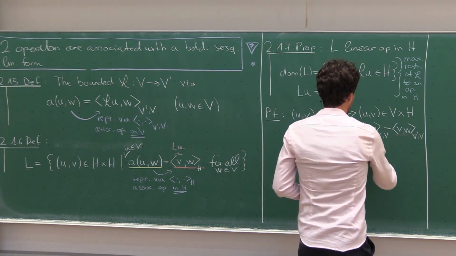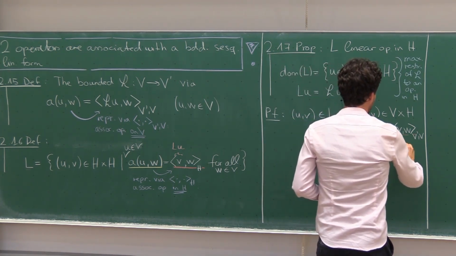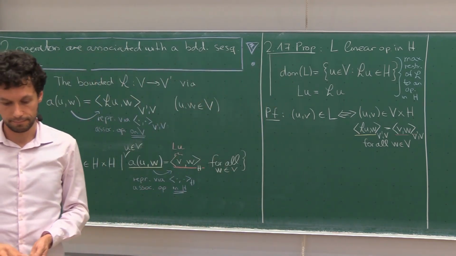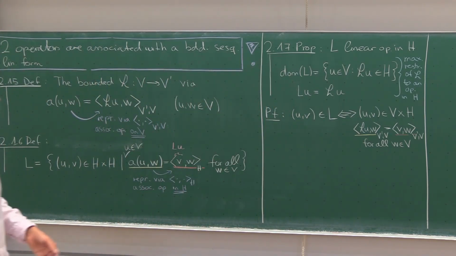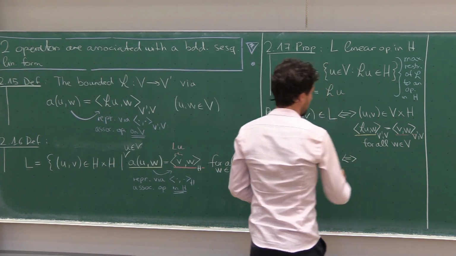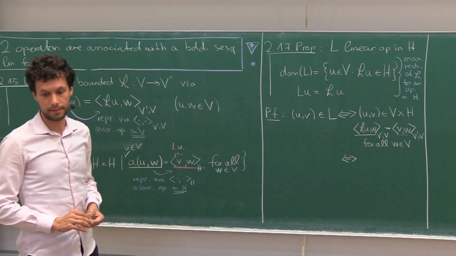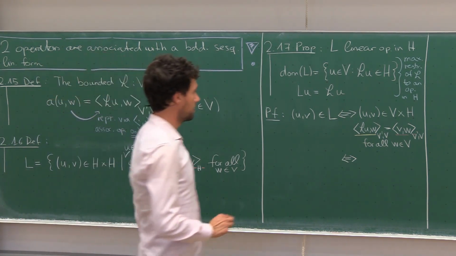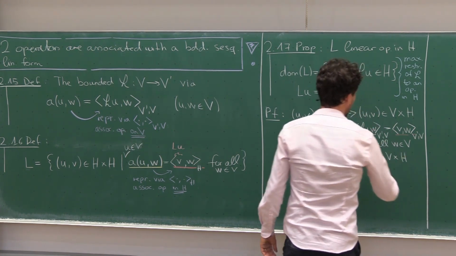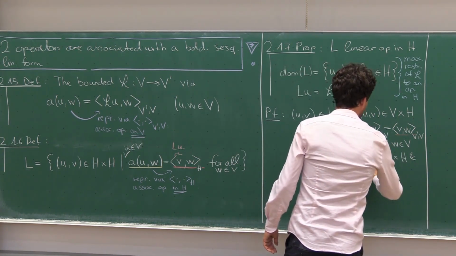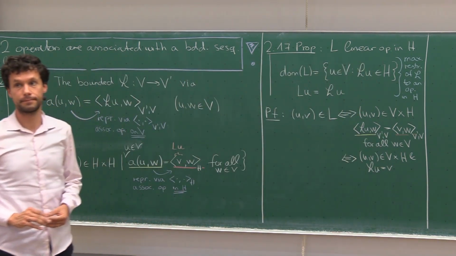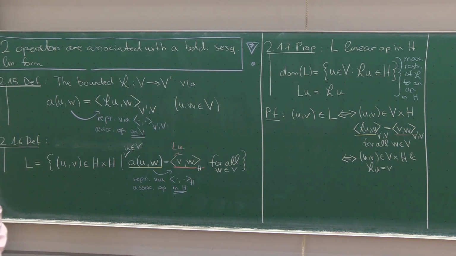And this should be true for all W in V. Okay, but then if you look at that, this precisely means what? It means that U comma V is in V cross H, and script L of U is equal to V. It's just the same thing. It's just by definition all of this.